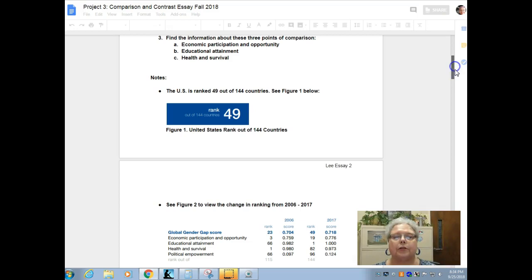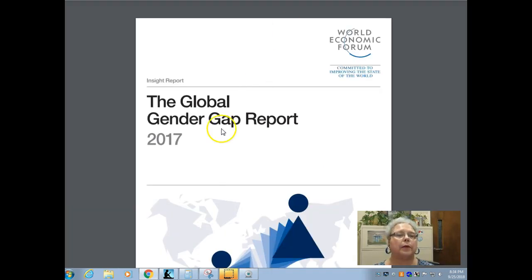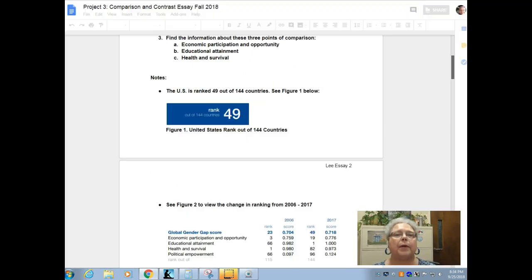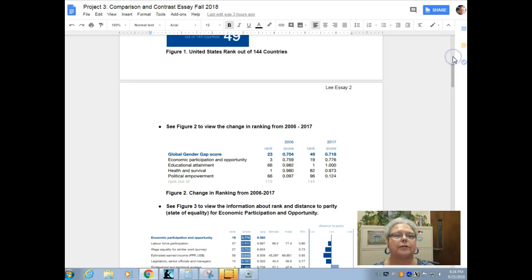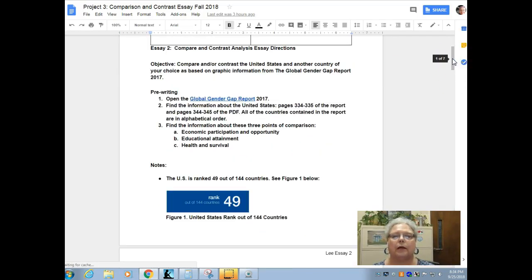All the information here, of course, comes from that report that I opened, the Global Gender Gap Report for 2017. But for the assignment document explaining how to do this, I made screenshots so you can see them within the document. And this is slow.